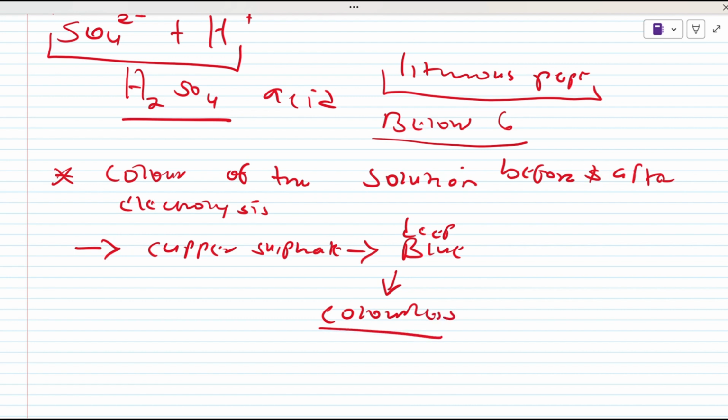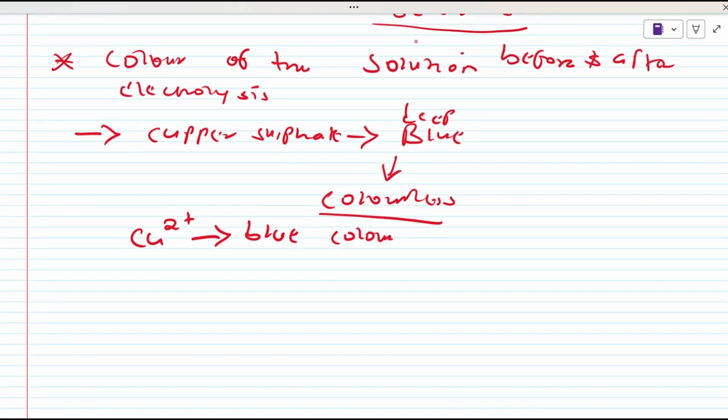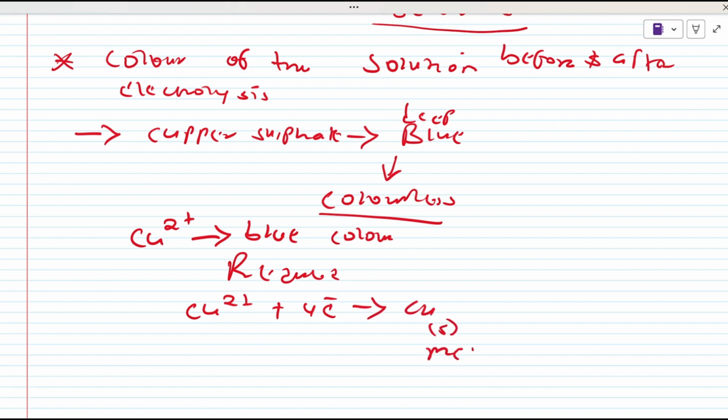Why? Copper 2 ions are responsible for the blue color, and they are being reduced slowly by slowly to form copper solid, which is a metal.